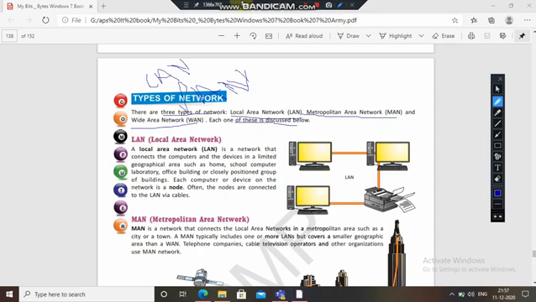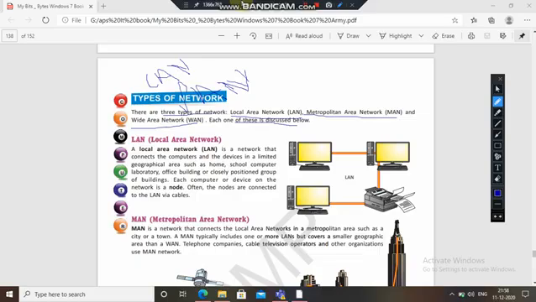metropolitan area network. MAN is a network that connects local area networks in a metropolitan area such as a city or town. So it is larger than a LAN. A MAN typically includes one or more LANs but covers a smaller geographic area than a WAN.